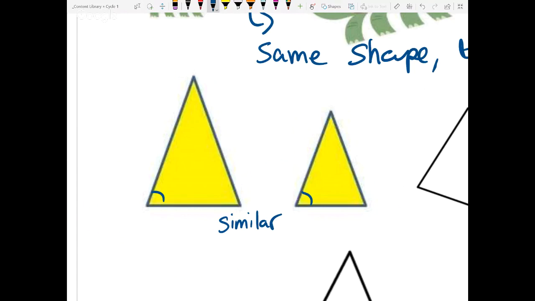Like if I measured that angle and that angle, I'm not looking for the number, but just what do you think I'd see? You're probably right, but they should definitely be the same. And if I measured this angle up here, it should be the same. Because remember, if the shape is the same, the angles should all stay the same. Right? And so if I measure this angle, it should be the same as that angle.